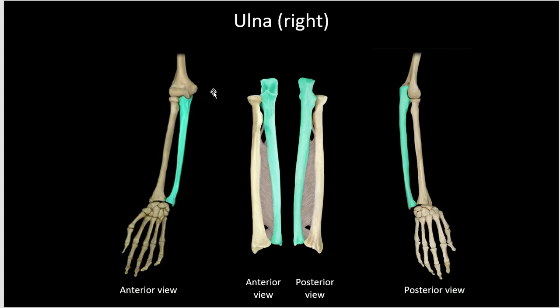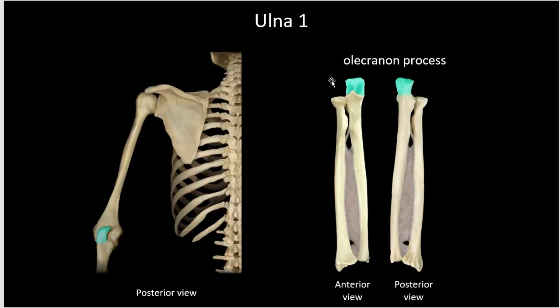And here's the ulna of the right forearm. So ulna is the pinky side. Anterior and posterior view. Olecranon process right there. Ulna. Olecranon process connects to the olecranon fossa, right?